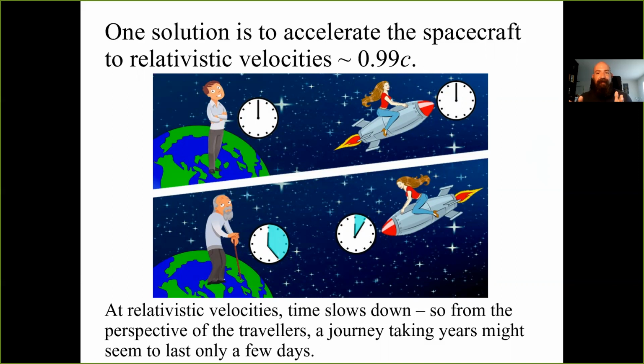Now, of course, there are other problems with relativistic travel. Relativity doesn't just dilate time. The mass energy increases dramatically as you get closer to the speed of light, meaning that it gets harder and harder, exponentially harder, to push your spacecraft just a little bit faster.